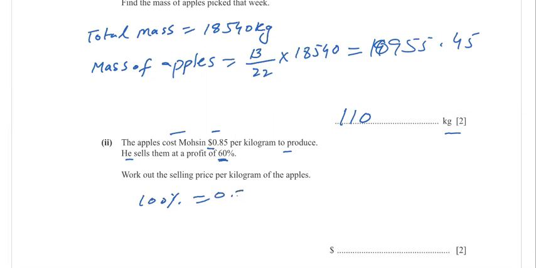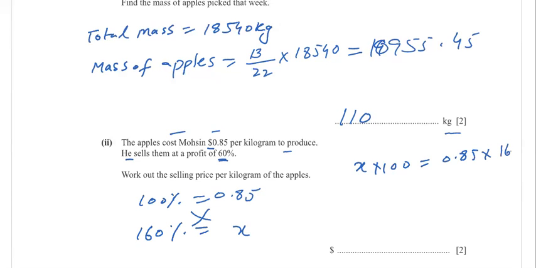is 0.85 per kg. He is selling at a profit of 60%. Means if we take 160%, in case it is 160%, we have to find that one. So cross multiply in such situations, we always cross multiply. X times 100 will be equal to 0.85 times 160.